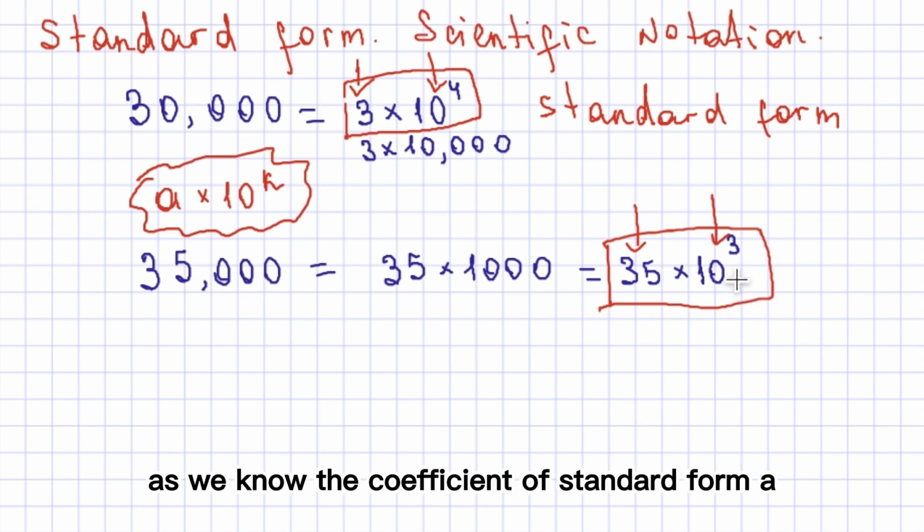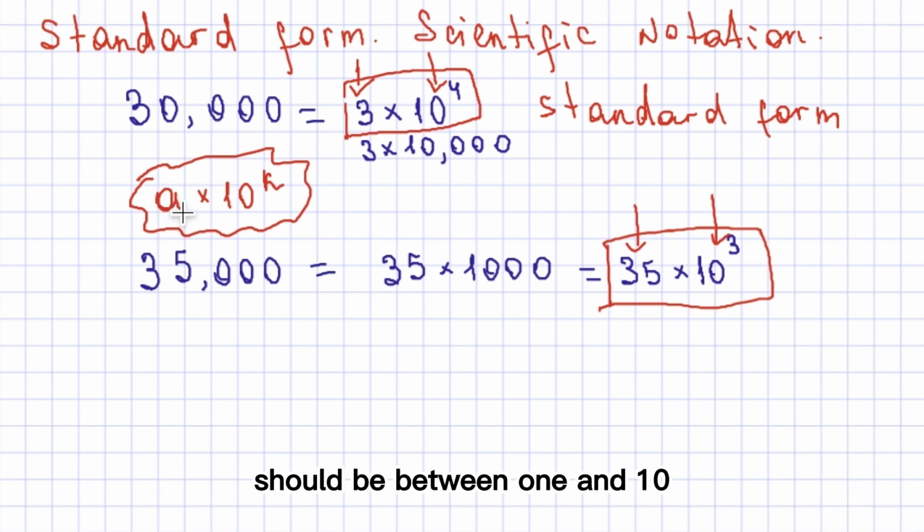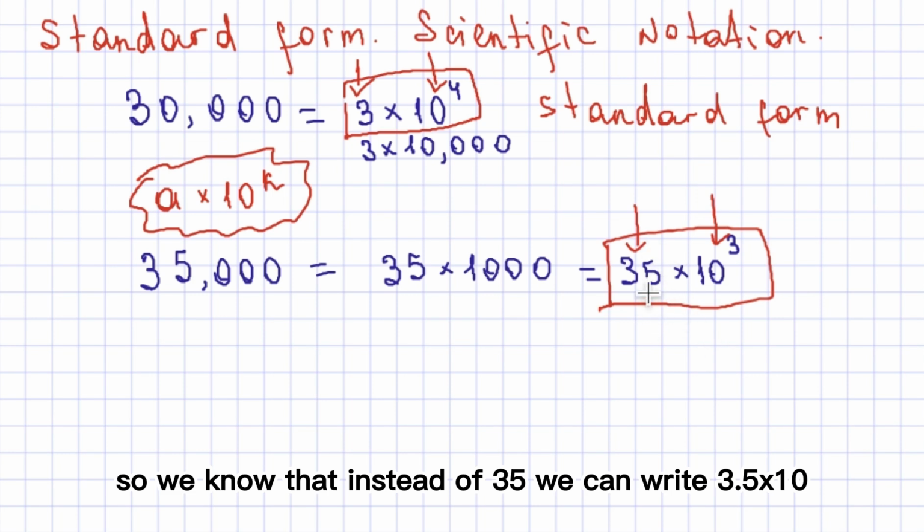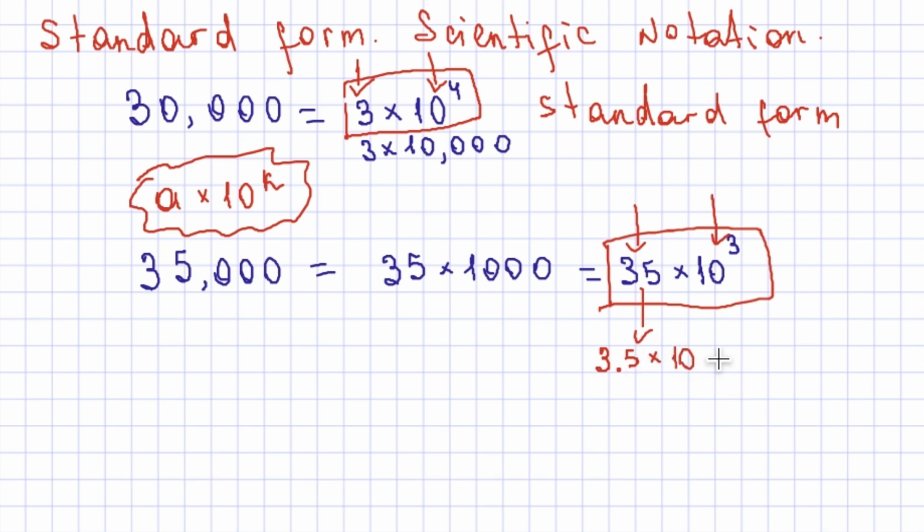As we know, the coefficient of standard form, a, should be between 1 and 10. How do we change 35 to a number between 1 and 10? We know that instead of 35, we can write 3.5 times 10.